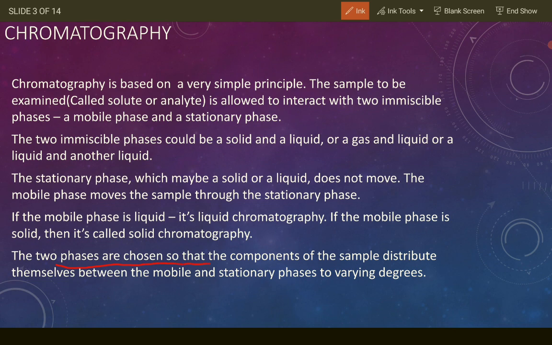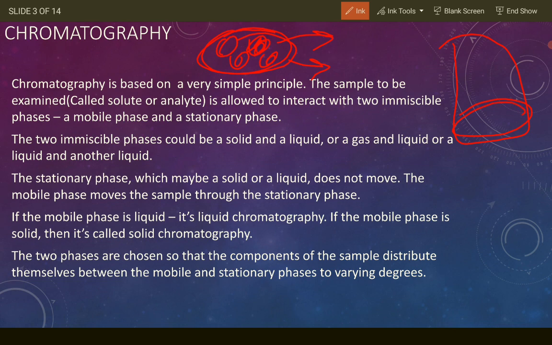The two phases are chosen so that the components of the sample distribute themselves between the mobile and stationary phases to varying degrees. This means that, for example, we take a mixture of molecules and we need to separate these different compounds from this mixture. Now we put it through a solid phase and a liquid phase, right?